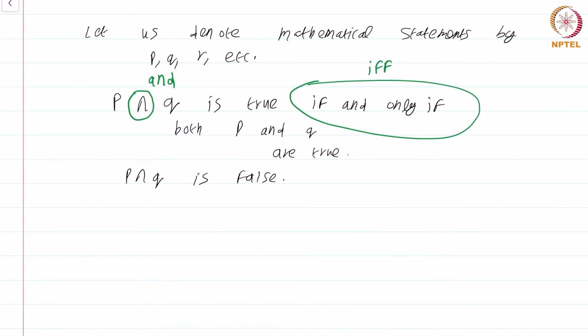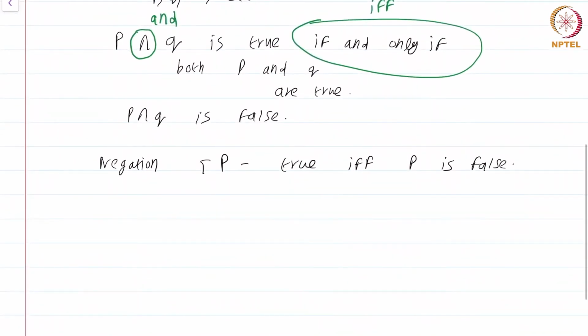For that, we can use the negation. Also denoted not P, like this. This is true if and only if P is false. So the statement P and negation Q is a true statement.